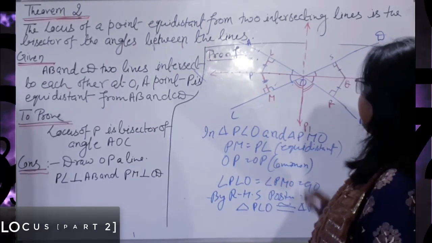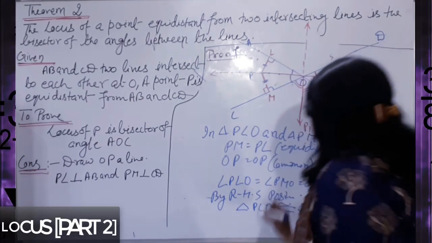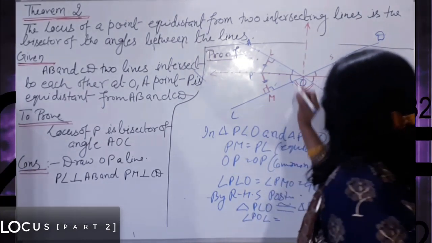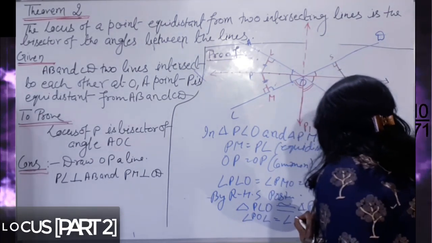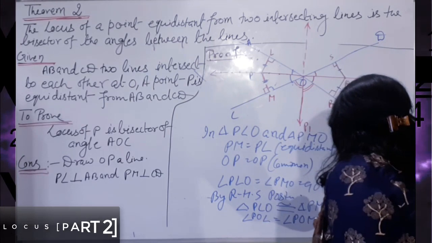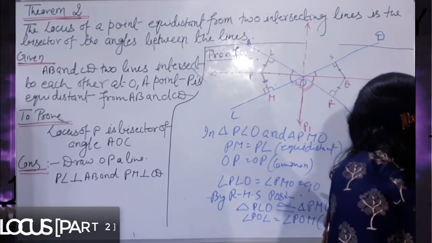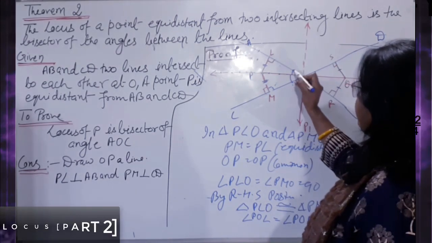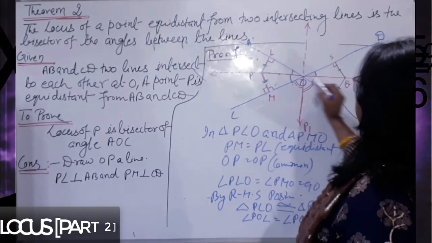And if both are congruent, then by CPCT angle POL is equal to angle POM. By CPCT, both angles are equal. It means it is a bisector.